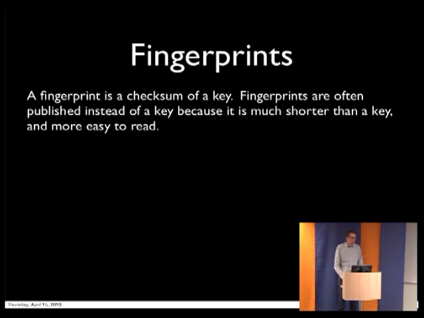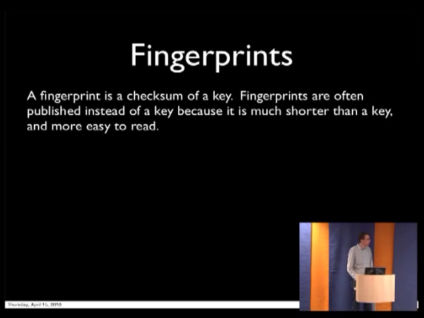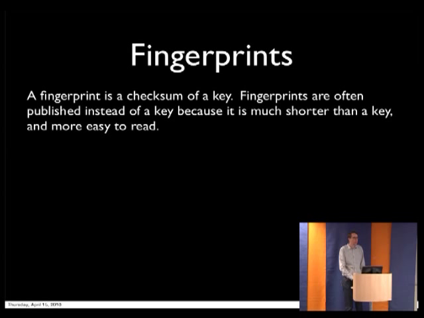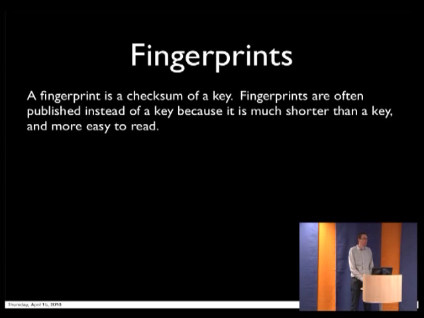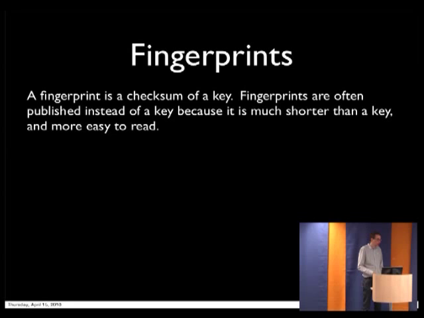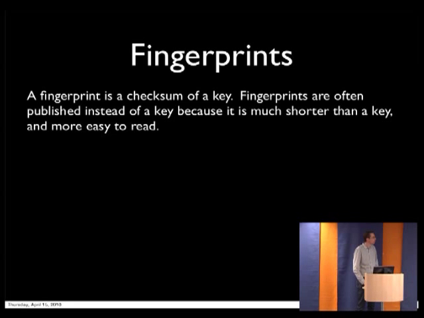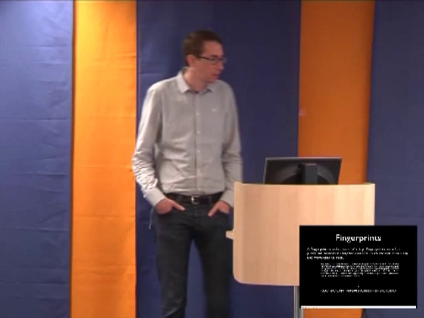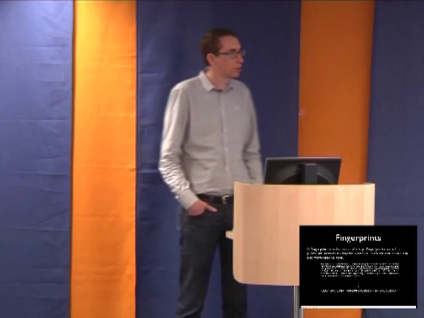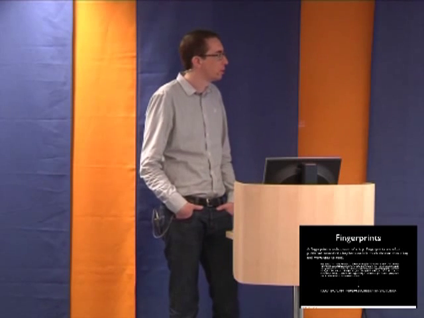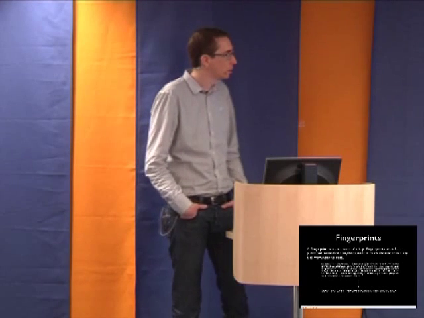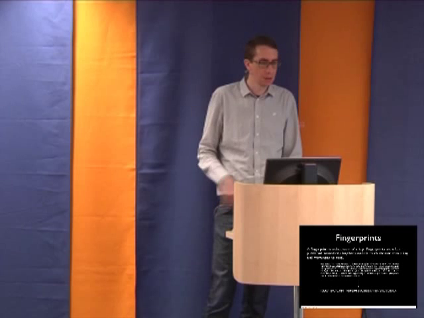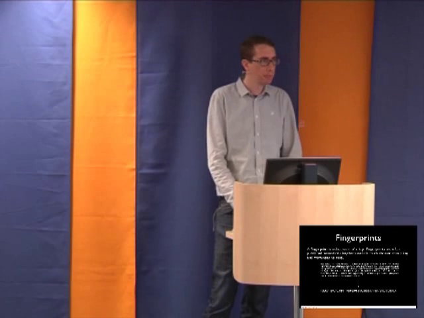We also have fingerprints in DNSSEC. A fingerprint is typically a checksum over a key. You want that because a checksum of a key is typically much smaller than the actual key itself. When you want to publish keys in different ways, you want to make that data as small as possible.